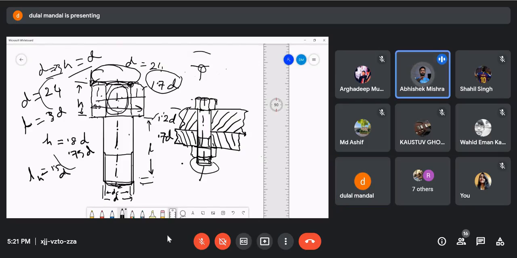But chamfering doesn't take much time, so the lower portion is not being chamfered. Then in the case of nut, we have to chamfer both the top and the lower side. In the market, mostly you will find the smaller nuts have the two sides chamfered. Yeah, that you are right. But the bigger size nut will have one side chamfered, not the other side.